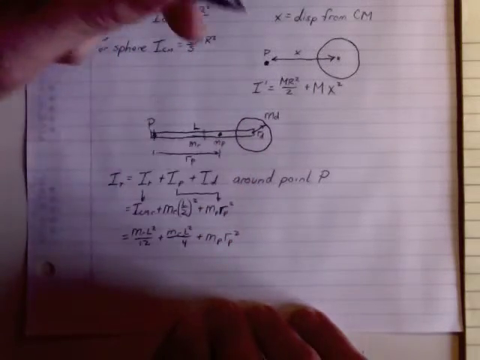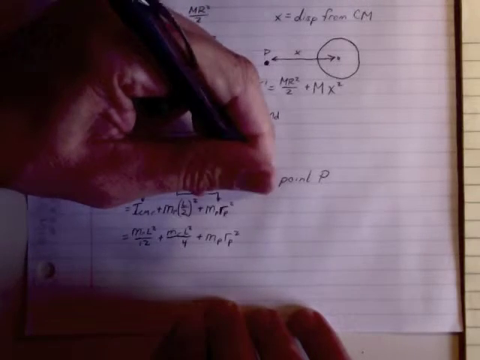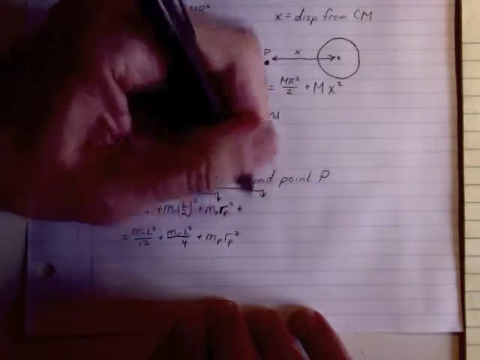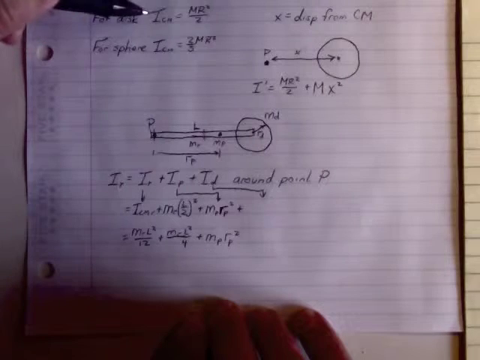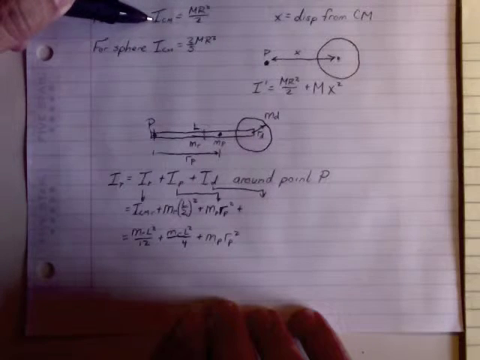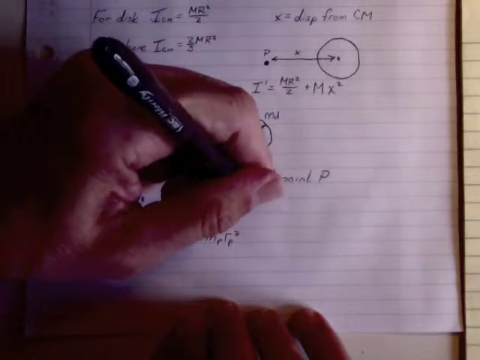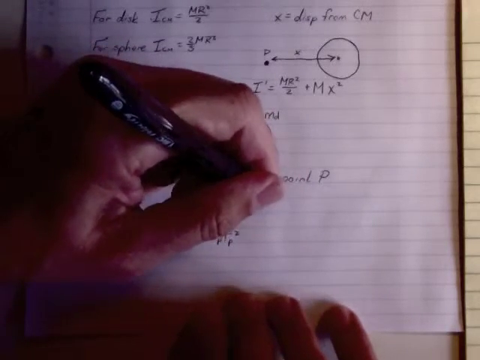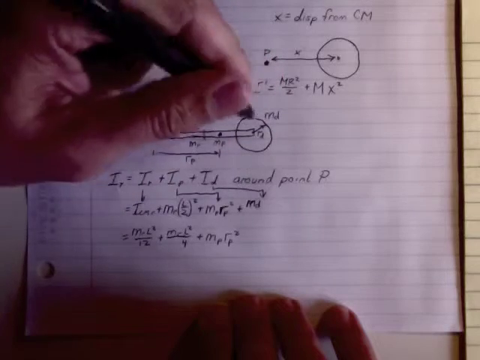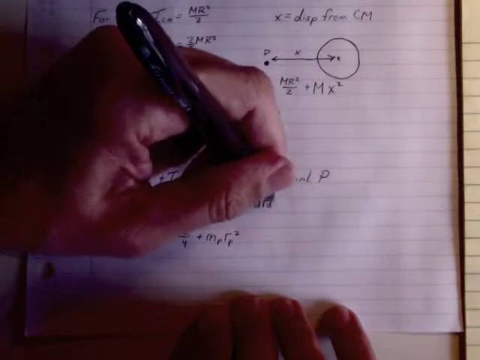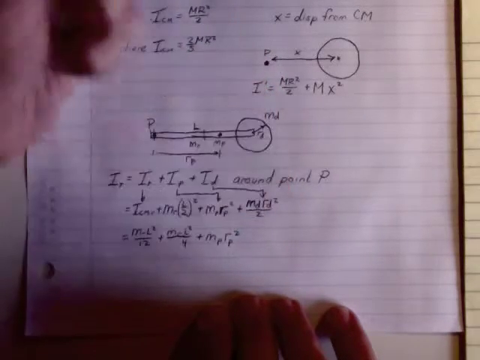m_p r_p squared. And then finally, for the disk, we add the rotational inertia around the center of mass, let me write that right, m_disk times r_disk squared, that's r_d squared over 2.